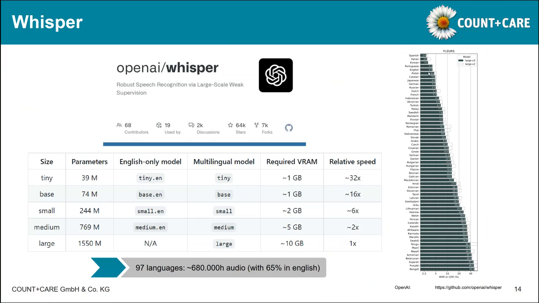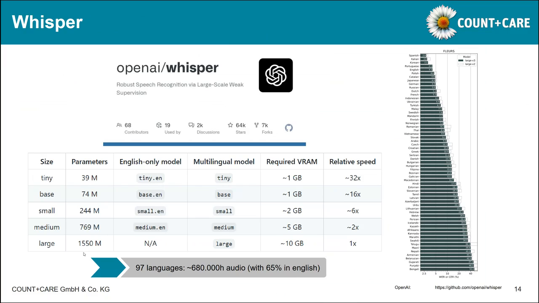English has around 4.1, German 4.9, Russian 5. And of course, there are other languages which are hard to understand, or it isn't trained on much data. For example, Bengali is the last one there, and it's only 50%, which means every second word was understood wrong.